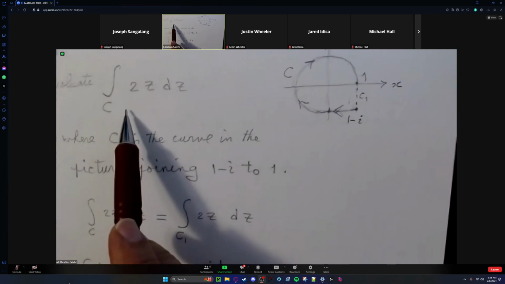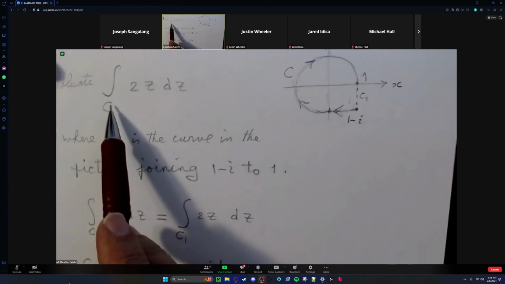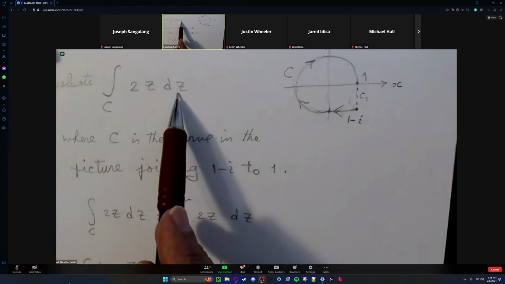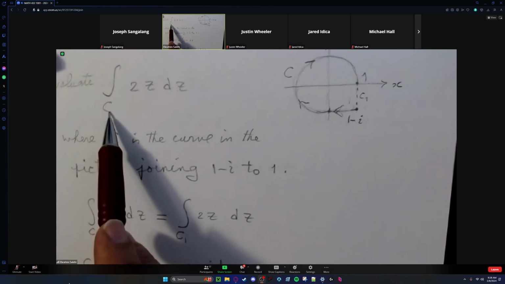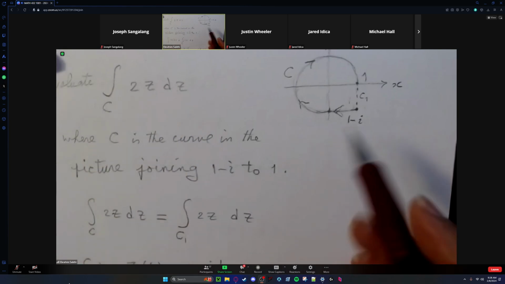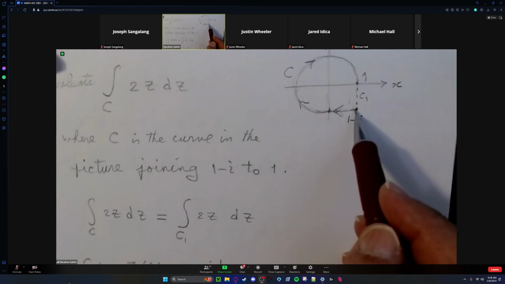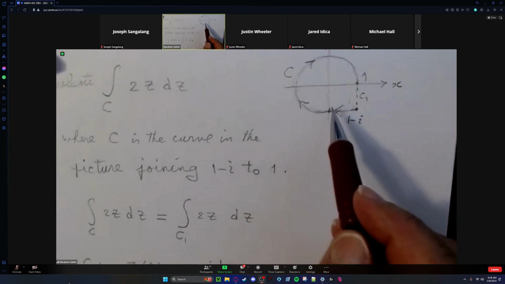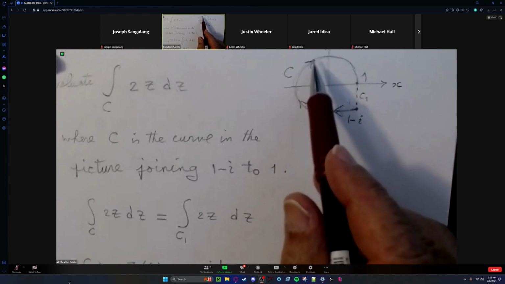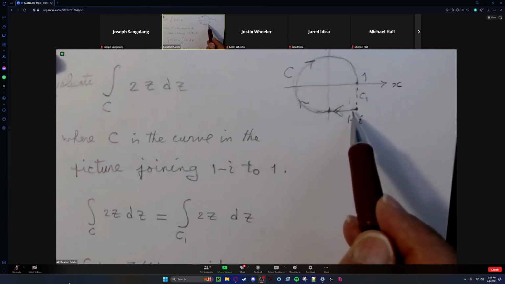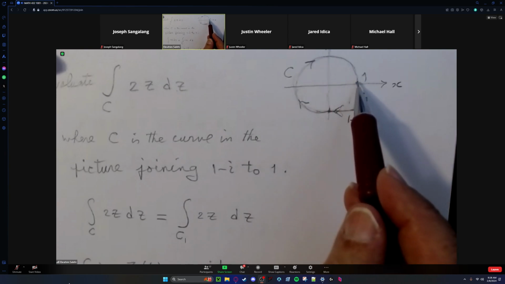Here, I want to integrate 2z dz over this curve C. What is the curve C? The curve starts from here, goes all the way along the circle up to here. So here's the straight line. So a pretty complicated curve.